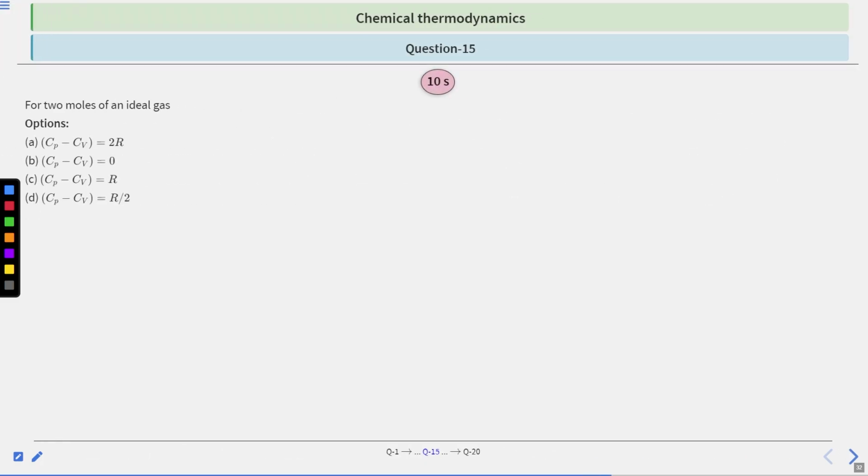Moving on to question number 15. For 2 moles of an ideal gas, options are: Cp minus Cv is 2R, Cp minus Cv is 0, Cp minus Cv is R, or Cp minus Cv is R by 2. You have 10 seconds to solve this question. After that, we will see the answer.